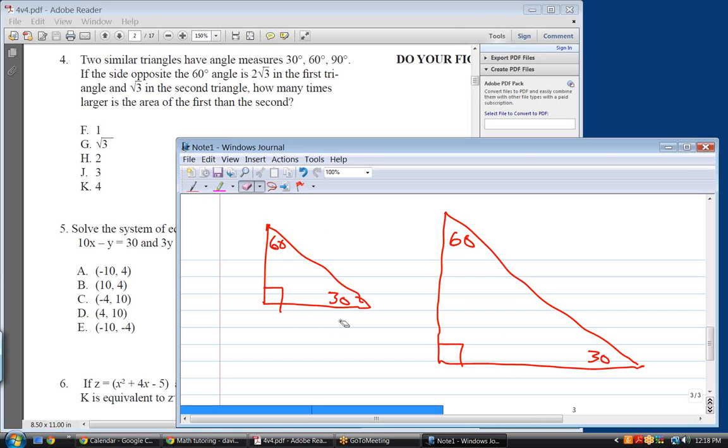Let me reverse these so it makes sense. This is going to be 2 root 3. This is going to be root 3. Ooh, this is a tricky one. How many times larger is the area of the first than the second?